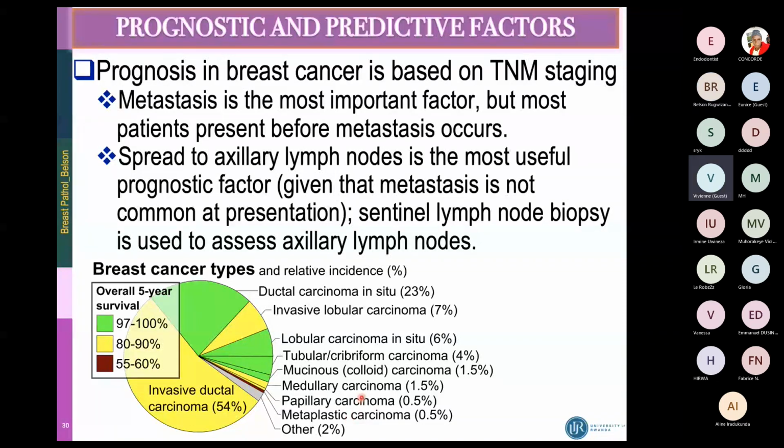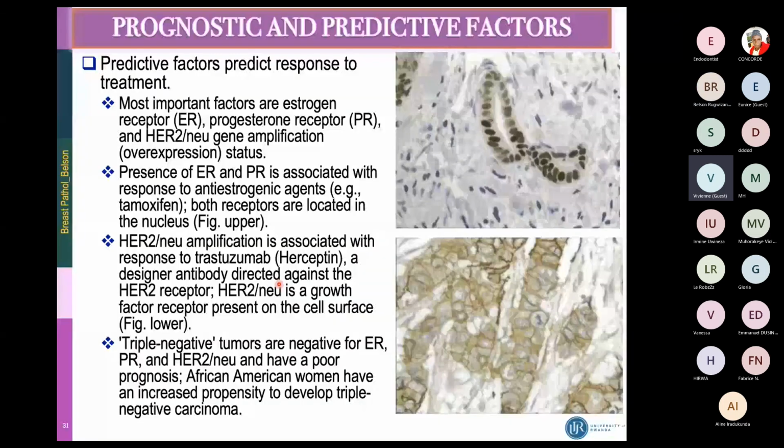So therefore ntabwo iri kuvuga cyane cyane kuri epidemiology, it refers to the prognosis or the survival of the cases. So uretse staging na type breast, so ductal carcinoma you saw survival yayo ugereranyije yenda na inflammatory breast carcinoma, they are different. So this is according to histology.